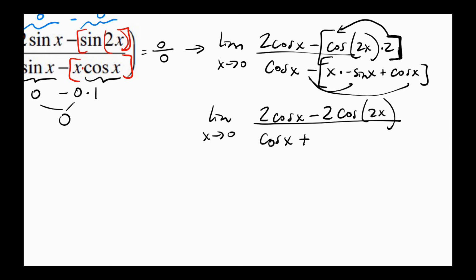So it's going to be plus x sine of x minus cosine of x. Okay. Plug in 0 now.